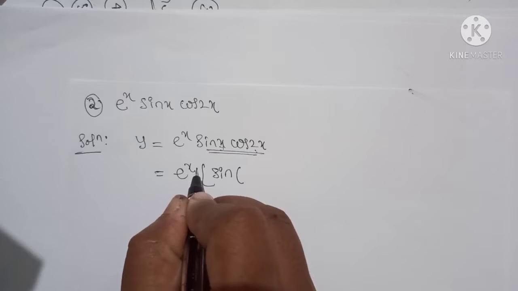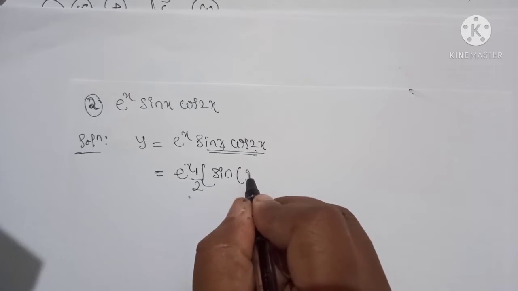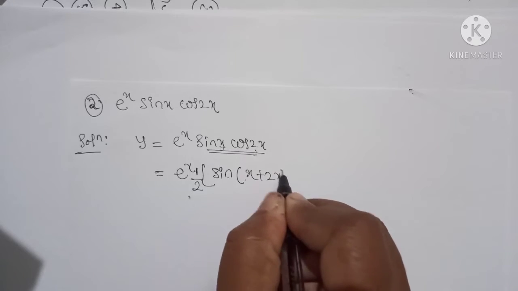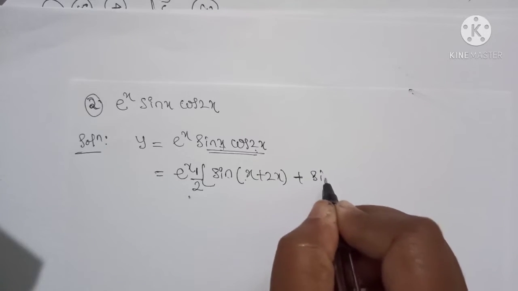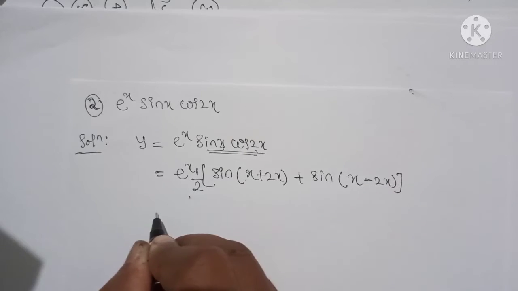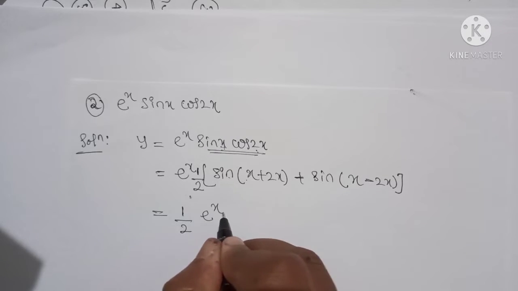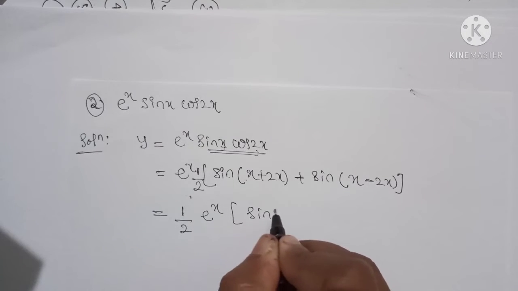We write 1 by 2 outside: sin of x plus 2x plus sin of x minus 2x. We get 1 by 2, e raised to x, sin of 3x.